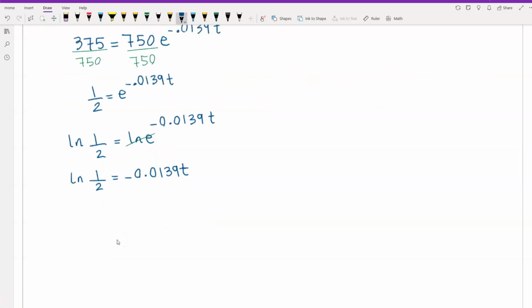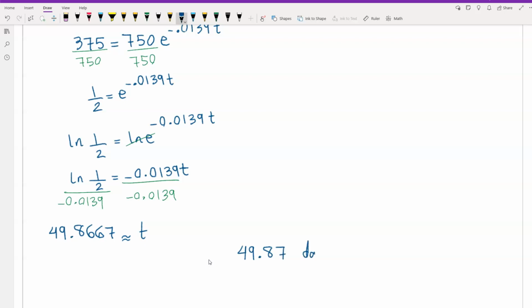So we have natural log 1 over 2 equal to negative 0.0139 times t, then divide by negative 0.0139 on both sides. I rounded to 4 decimal places, 49.8667. So I'm going to round this again to 2 decimal places, so we have 49.87 days.